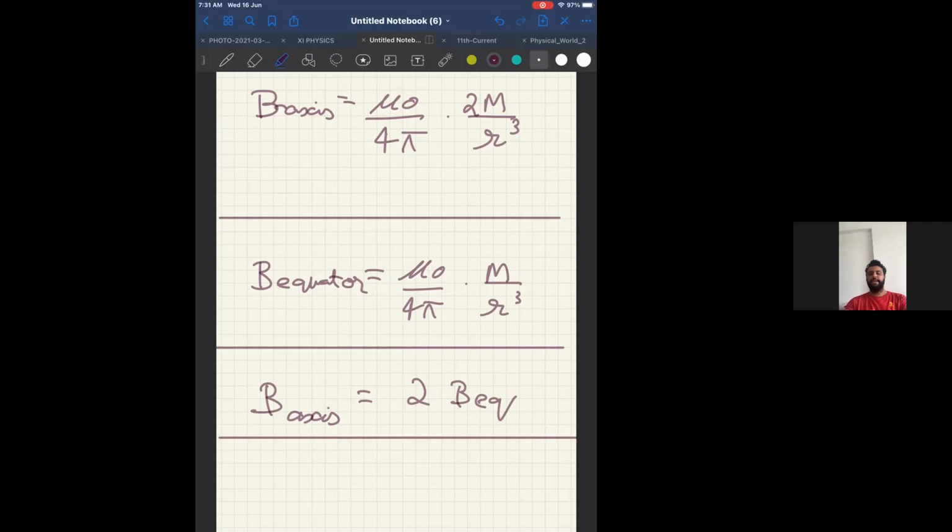Magnetic field along the axis was mu naught by 4 pi into 2m by r cube, and magnetic field along the equator was mu naught by 4 pi into m upon r cube. Magnetic induction along the axis is 2 times magnetic induction along the equator. Make a note of all of this.